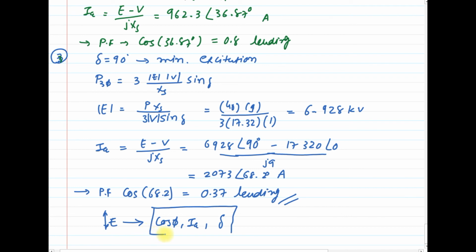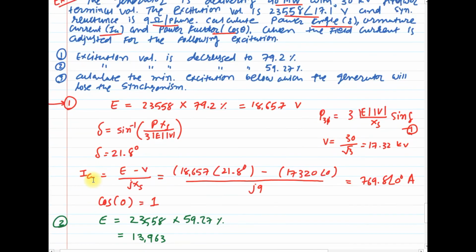You have to write down the conclusion based on if you reduce the generator excitation, what will happen to power factor, armature current, and power angle delta. Clear? I hope you are clear up to this example.